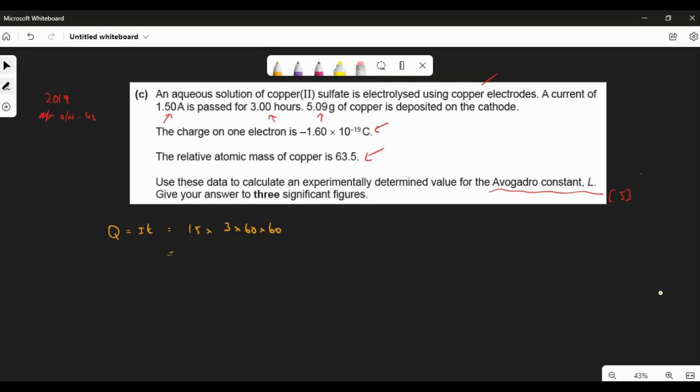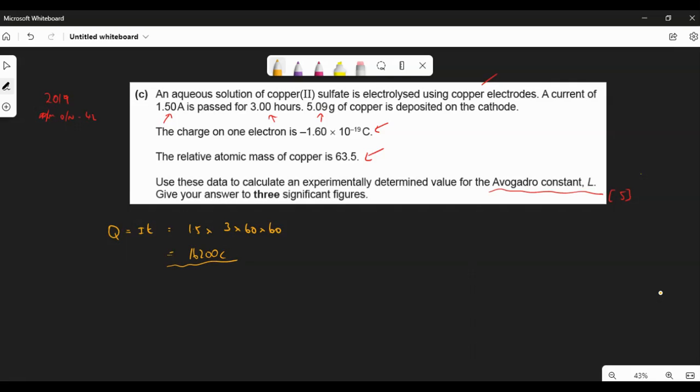All right, there it is, calculator. Now clear it, and it's 1.5 times 3 times 60 times 60, and it's 16,200 coulombs, I think. I hope the calculator hasn't messed me around there. So 16,200 coulombs. That will get you a mark straight away, just doing that.